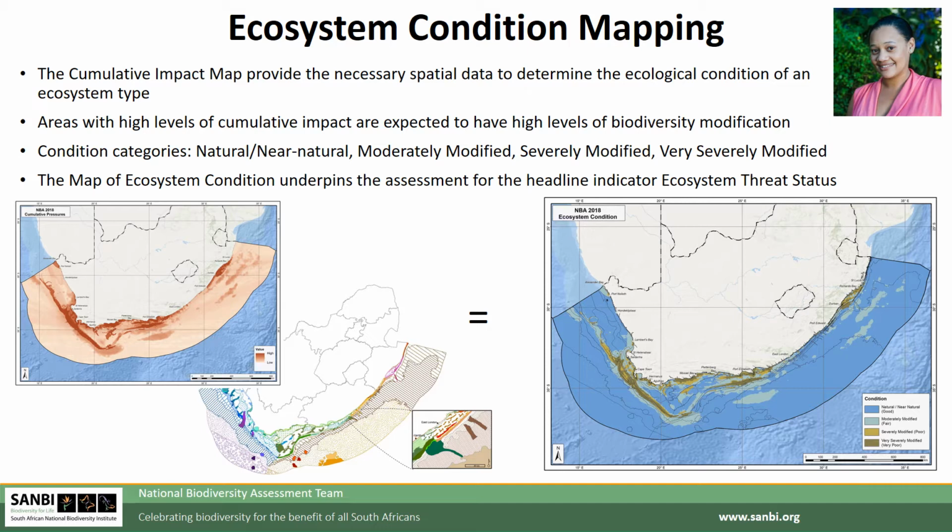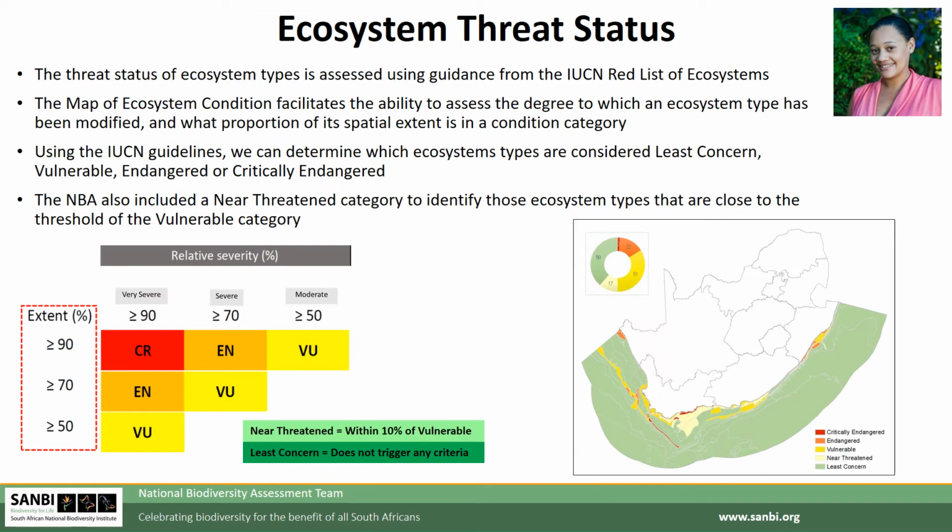The map of ecosystem condition underpins the assessment for the headline indicator of ecosystem threat status. The threat status of ecosystem types is assessed using guidance from the IUCN Red List of Ecosystems. The map of ecosystem condition facilitates our ability to assess the degree to which an ecosystem type has been modified and what proportion of its spatial extent is in a specific condition category.